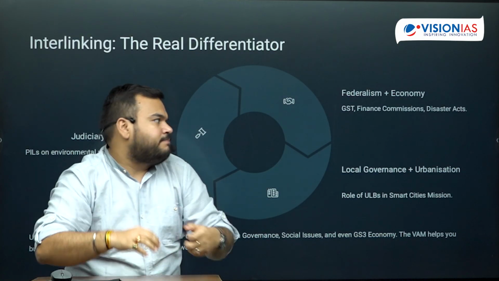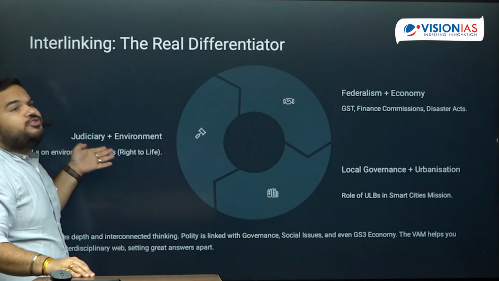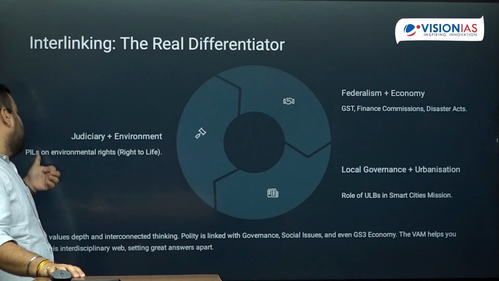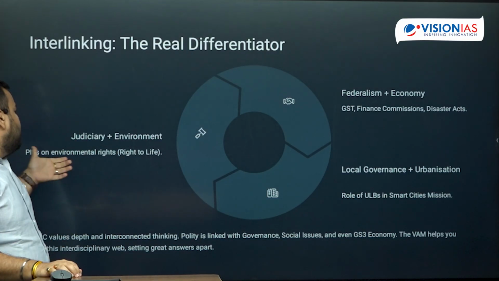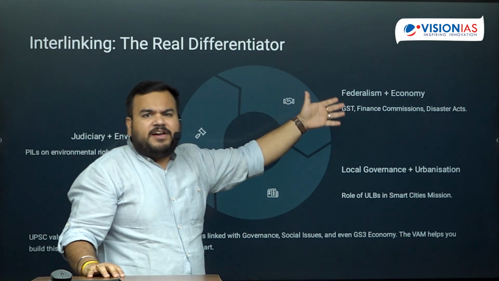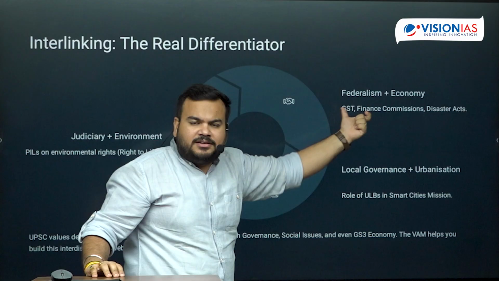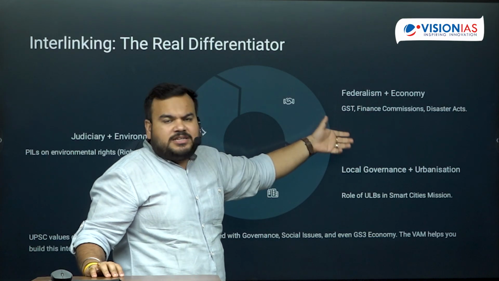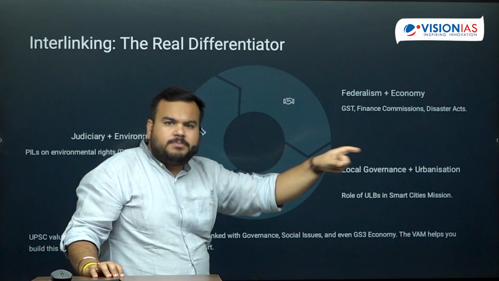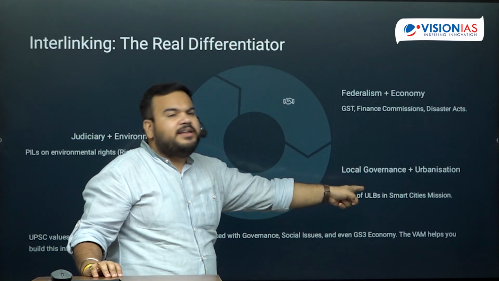I'll give you a few examples. For example, judiciary and environment are related. For example, PILs on environmental rights, right to life and everything. We talk about federalism. Federalism and economy are interrelated topics in terms of GST, Finance Commission, Disaster Acts. Local governance is linked with the problem of urbanization, again interlinkage, right?